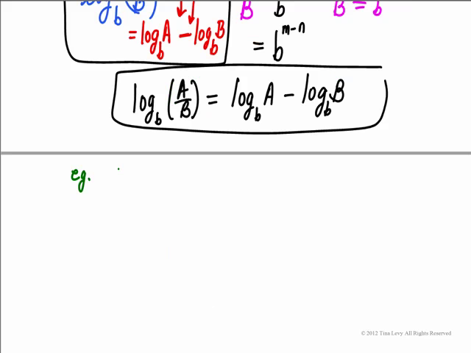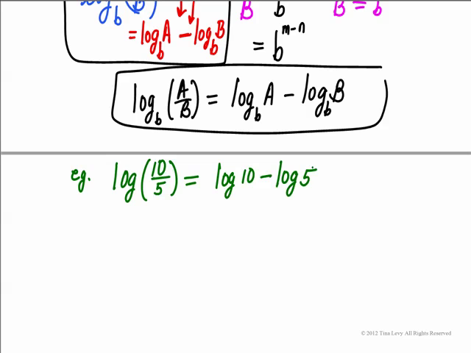So for example, if I said log, the common log, base 10 of 10 divided by 5. According to this, that is log of 10 minus log of 5. But 10 over 5 is 2, so we're really looking at the log of 2.